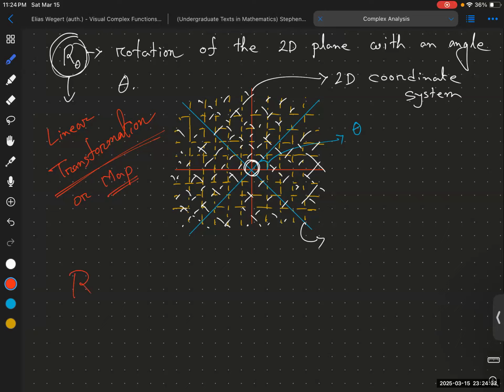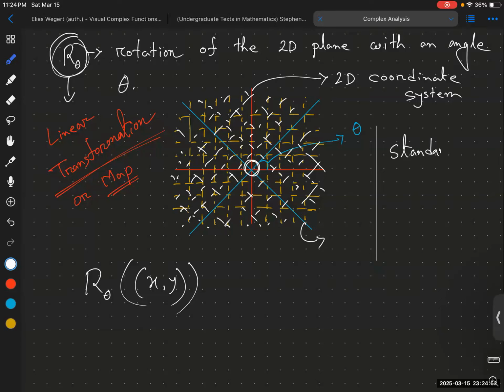That means what is R theta doing? Let's say R theta is acting on a vector (x, y). For that, we need a basis. Let's consider the usual basis of the 2D coordinate system, the standard basis for 2D, that is (1, 0) and (0, 1).